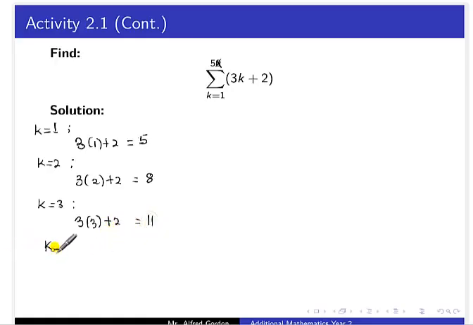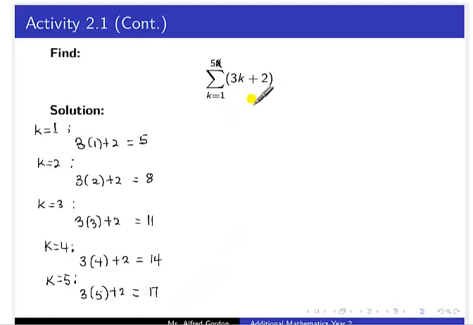Now when k is 4, don't give up, we have 3 times 4 plus 2. 3 times 4 is 12, plus 2 gives us 14. And we are finally there when k is 5. We have 3 multiplying 5 plus 2. This is 15 plus 2, that's 17.